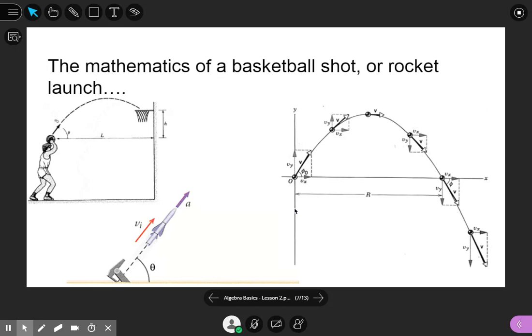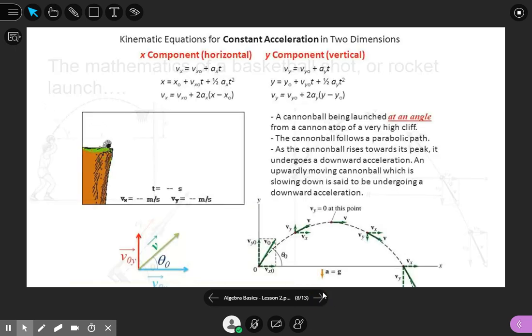You can analyze trajectories of lots of different things. People who specialize in physics will use some of this when it comes to launching a rocket or throwing a basketball, or predicting outcomes that have motion in 2 directions, like vertical and horizontal directions.